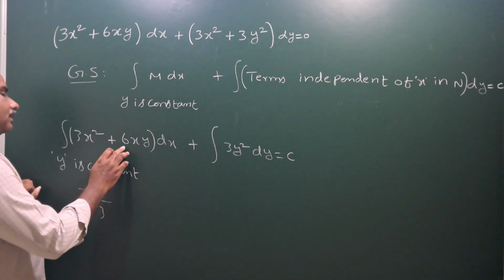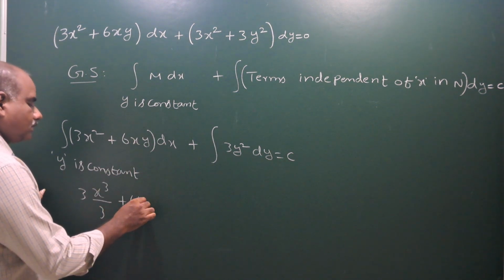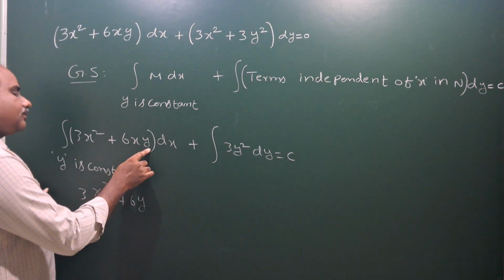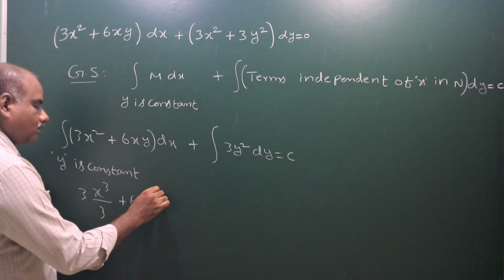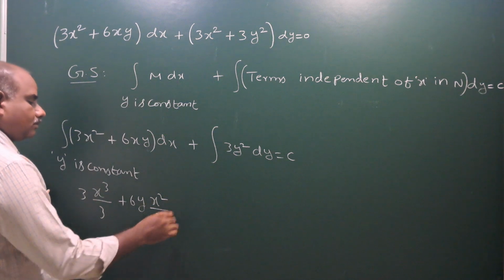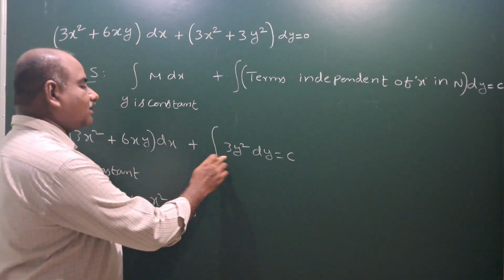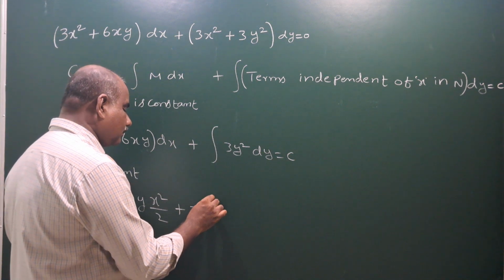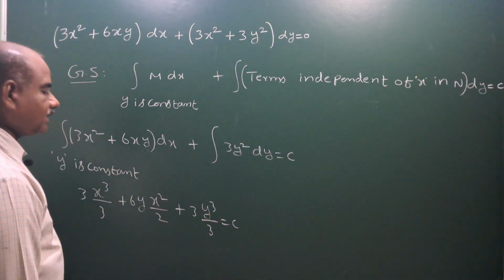And here treat 6y as constant, we have to integrate x only. So integral x dx means x²/2 plus, here take 3 outside, integral y² dy means y³/3, that is equal to the integration constant.